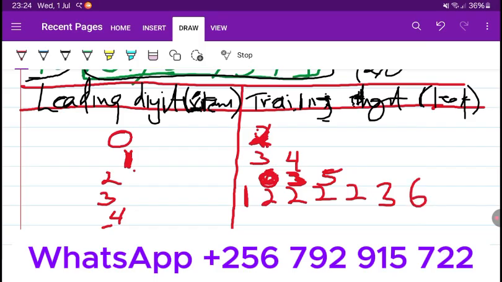So if someone is reading, it will be 31, 32, 32, 32, 32, 33, and then 36. If these values are repeated 10 times, we write those values, those 10 times they are repeated.